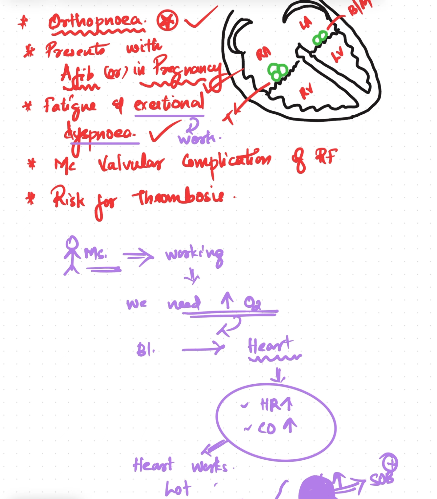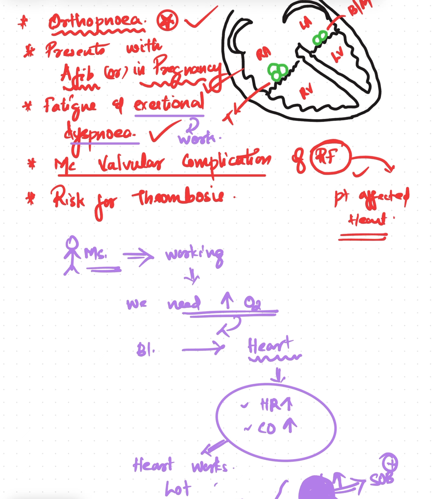Okay, so this is also something you need to remember. It is the most common valvular complication of rheumatic fever. We know rheumatic fever is caused by group A beta hemolytic streptococci. In rheumatic fever, mostly the patient is affected in their heart, which is rheumatic heart disease.